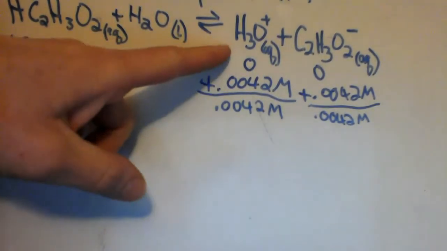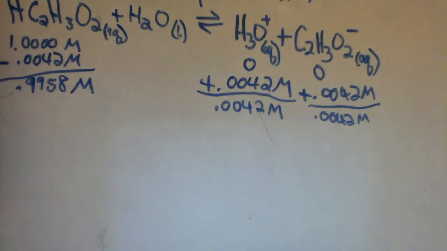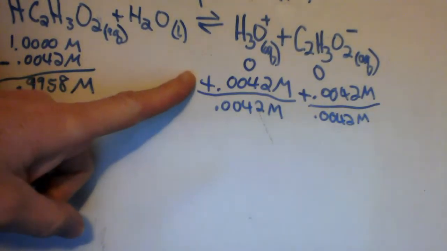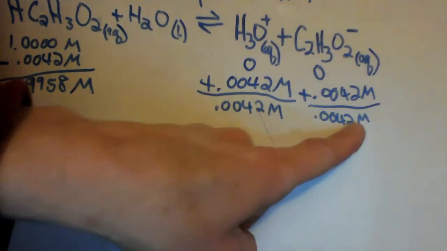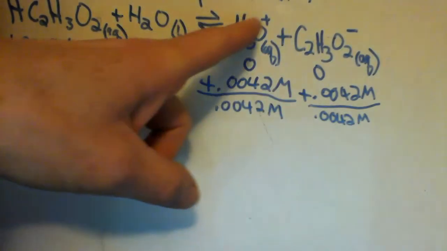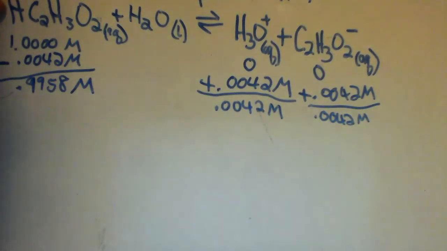Since the hydronium and the acetate ions start out with a concentration of 0 and they're increasing, we add the amount of the concentration at equilibrium, and they're both the same because there's one of each for every molecule of acetic acid that dissociates in water.